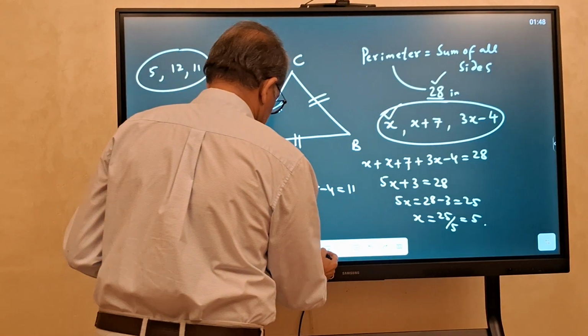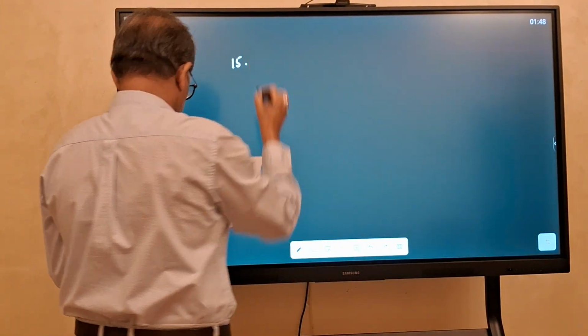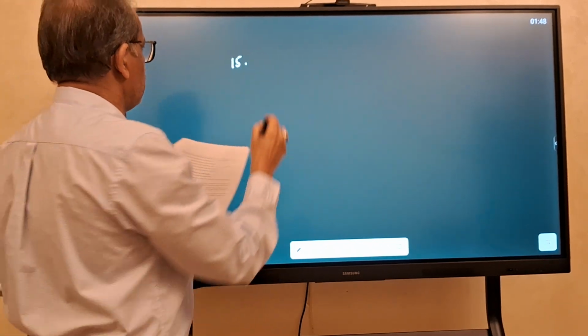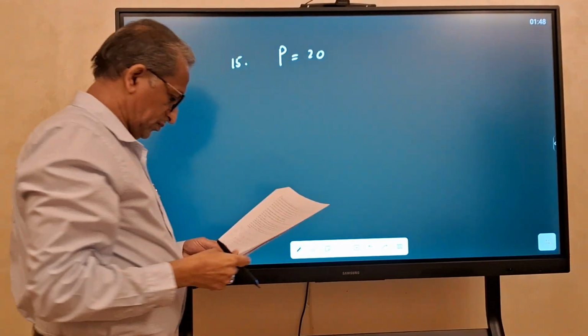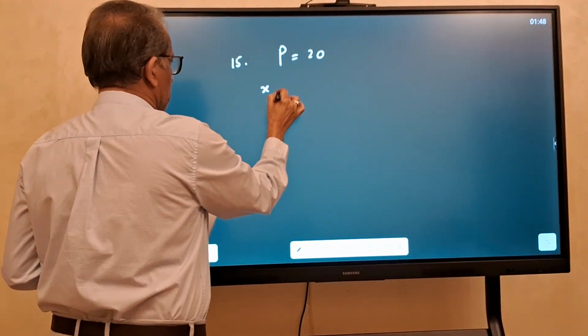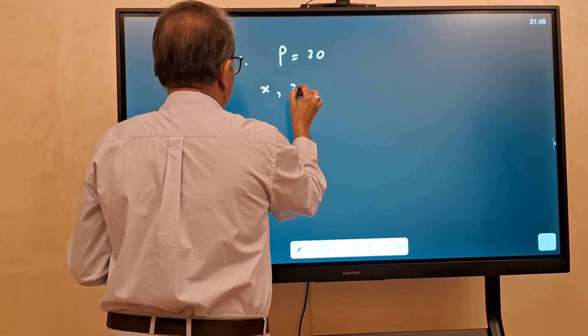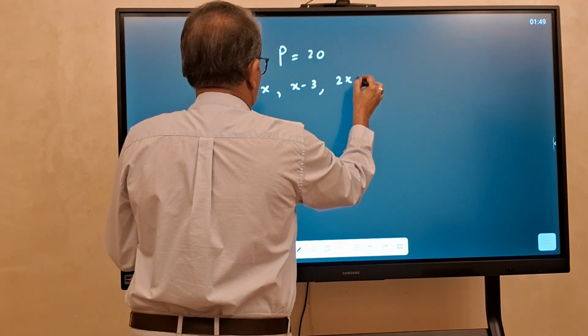Coming to the last question, that is number 15. What is given here? You are given the perimeter is equal to 20. How are the sides? Let's say x is one side. What is the second side? It is x minus 3, and the third is 2x minus 5.